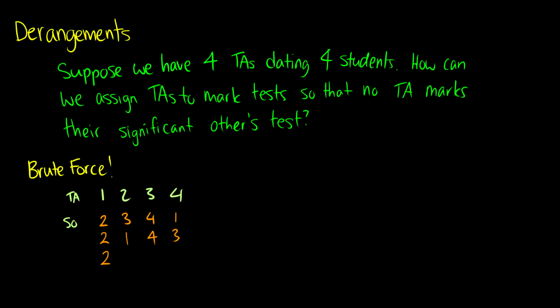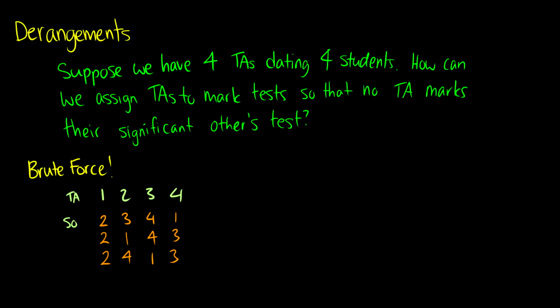If we have a 2, we can definitely put the 4 under the 2. So we have a 1 and a 3 left. The 3 can't go under the 3, so we put the 1 here, and then we put the 3 there. Okay, so these look to be all the possible derangements of the first TA marking the second TA's significant other's test.